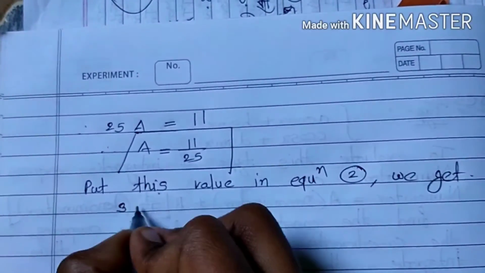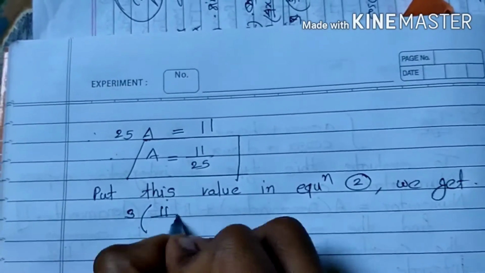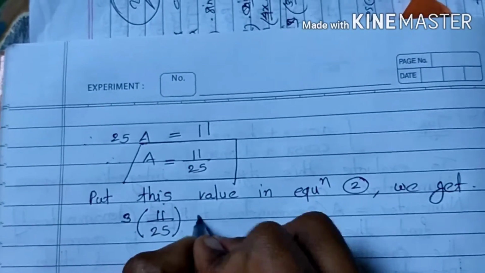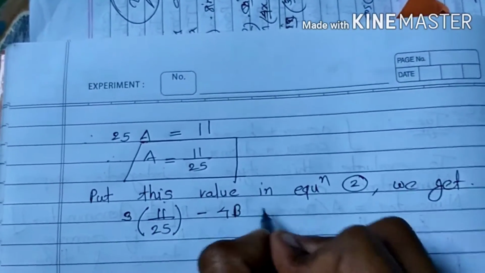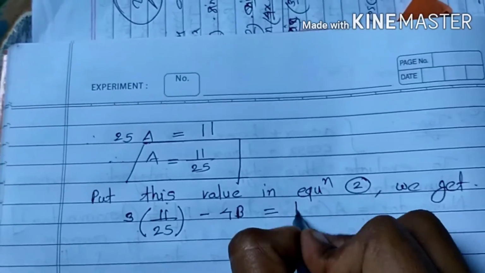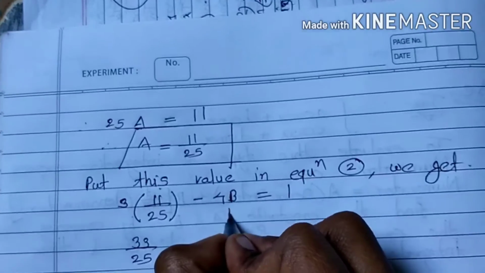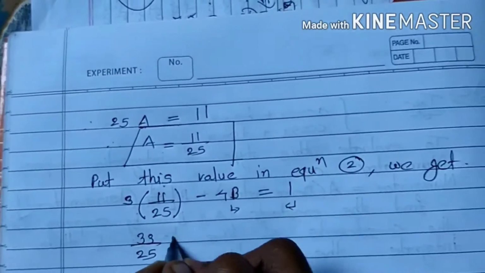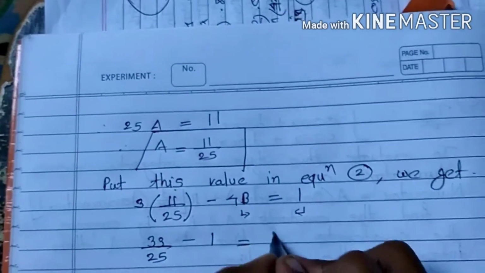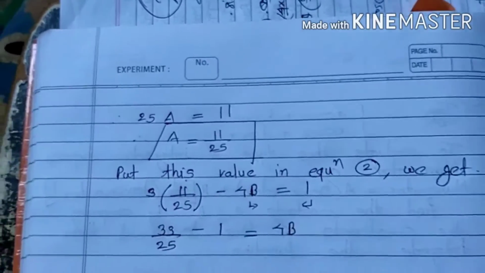So it will become 3a, value of a is 11 upon 25, minus 4b is equal to 1. So 33 upon 25, this term interchange, so it will become minus 1, and here is plus 4b.